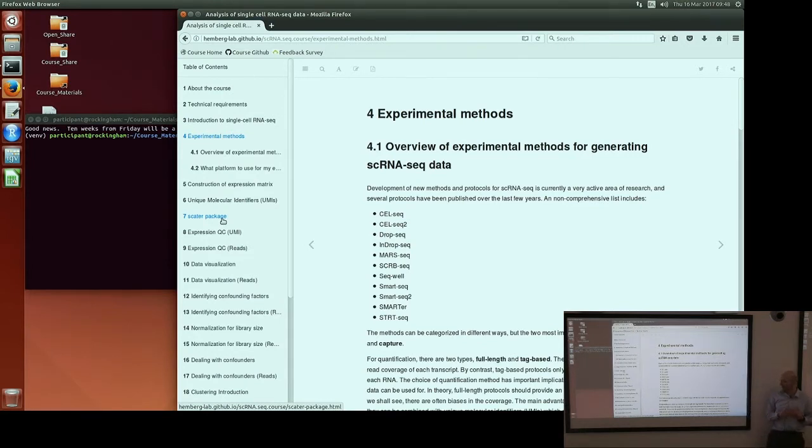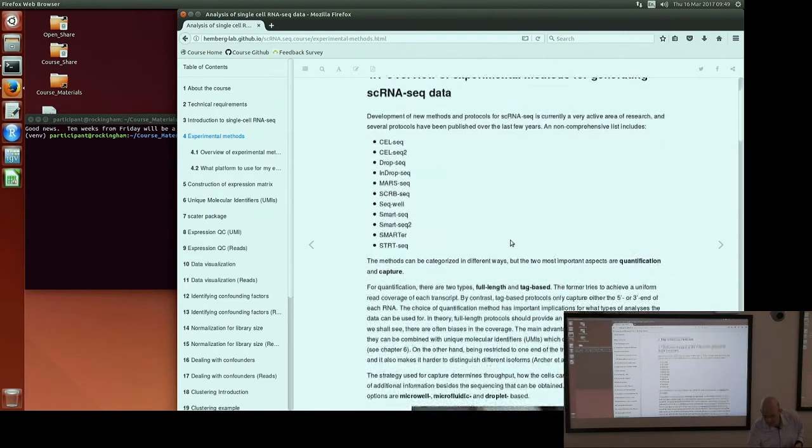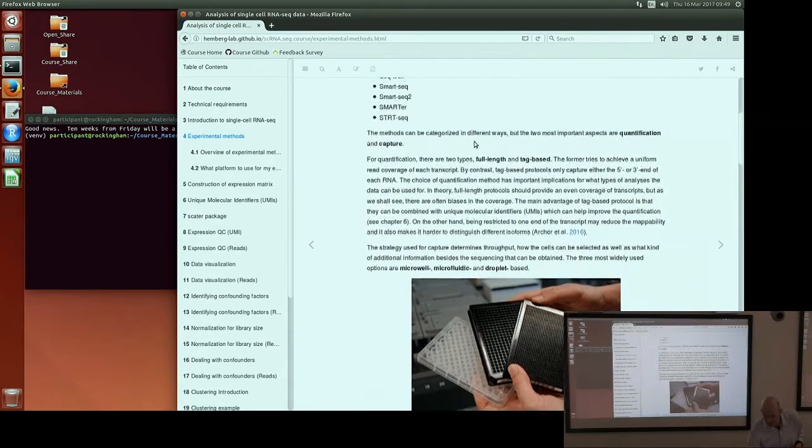The main advantage of the full-length protocols is, of course, that you can look at what happens across the entire transcript, which is very useful if you're interested in, for example, splicing or trying to quantify different isoforms. On the other hand, with the tag-based protocols, you can use something called UMIs, which stands for Unique Molecular Identifiers, which is something we'll be talking about quite a lot later on as well.